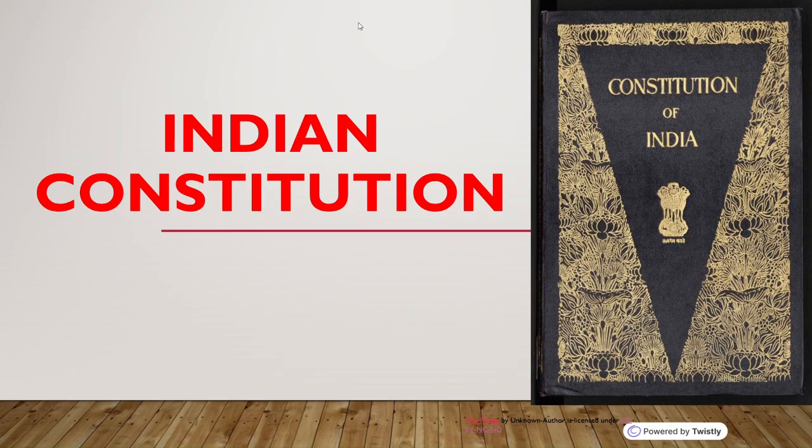Out of these 389 seats, 296 were to be filled by British India, that is, the provinces which were ruled by the British Crown, and 93 seats by the princely states. So the Constituent Assembly was not fully elected and not fully nominated. We can say that it is a partially elected and partially nominated body.